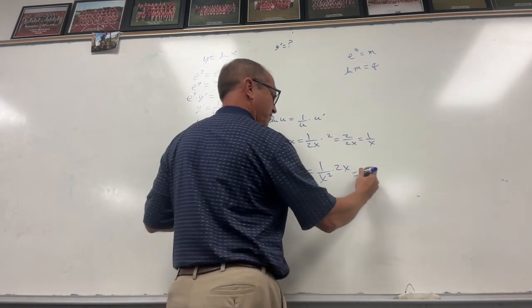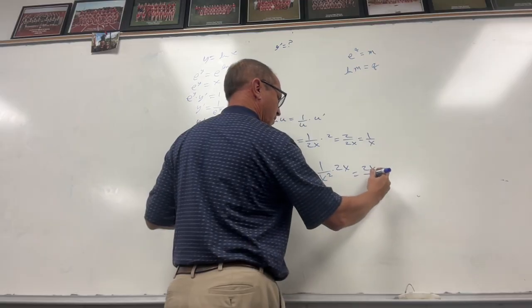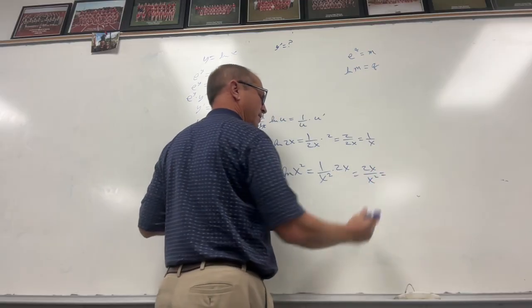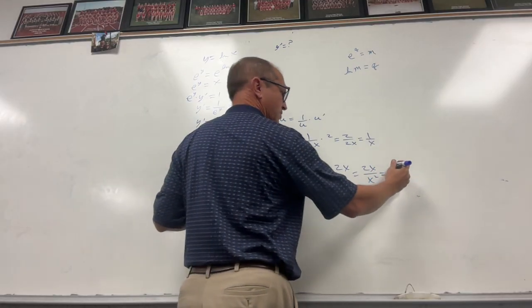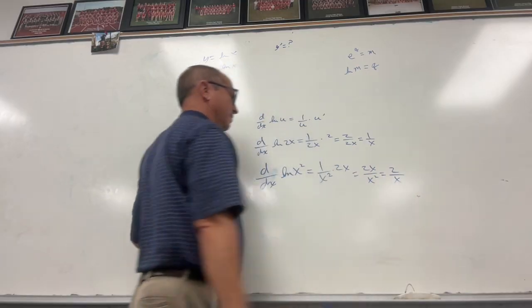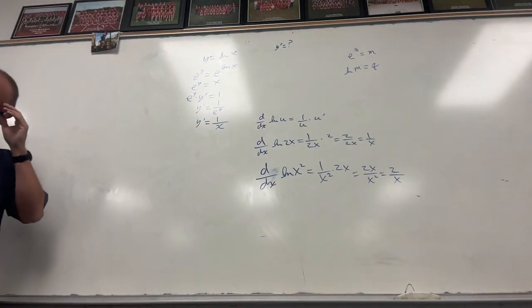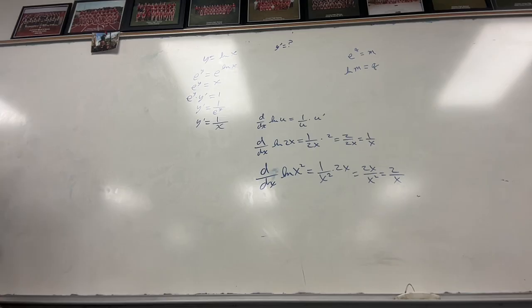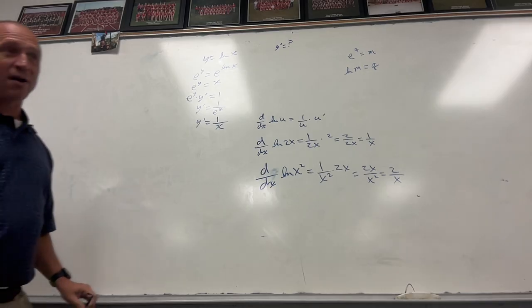So we get 2x over x squared, which would be just 2 over x, right? So it's not always 1 over x. You are correct. It is not always 1 over x.